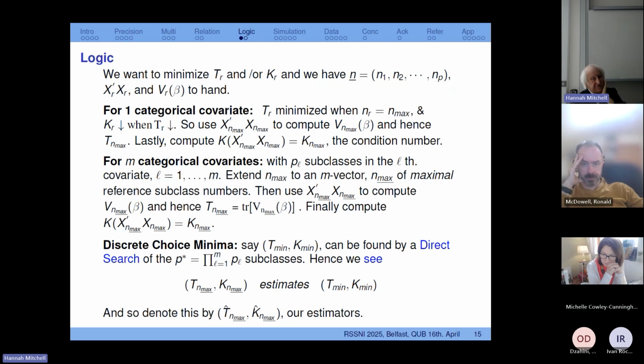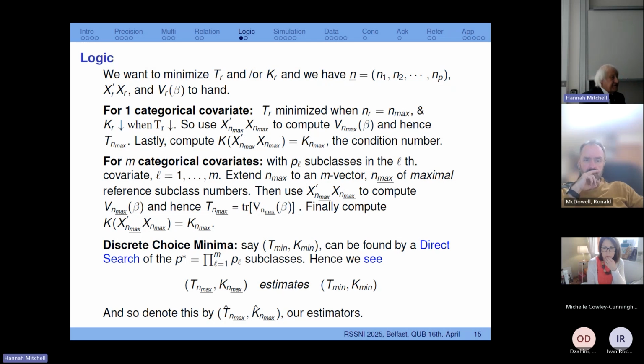For m categorical variables, we're going to do exactly the same thing. Okay, for each of these categorical variables, we're going to say the reference subclass is that subclass for that variable which has the maximum number of observations. We're going to do it for the first variable, the second variable, right up to the mth variable, and we're going to call that a vector of maximum subclasses, okay? And then we're going to go through the procedure that we just went through for one.